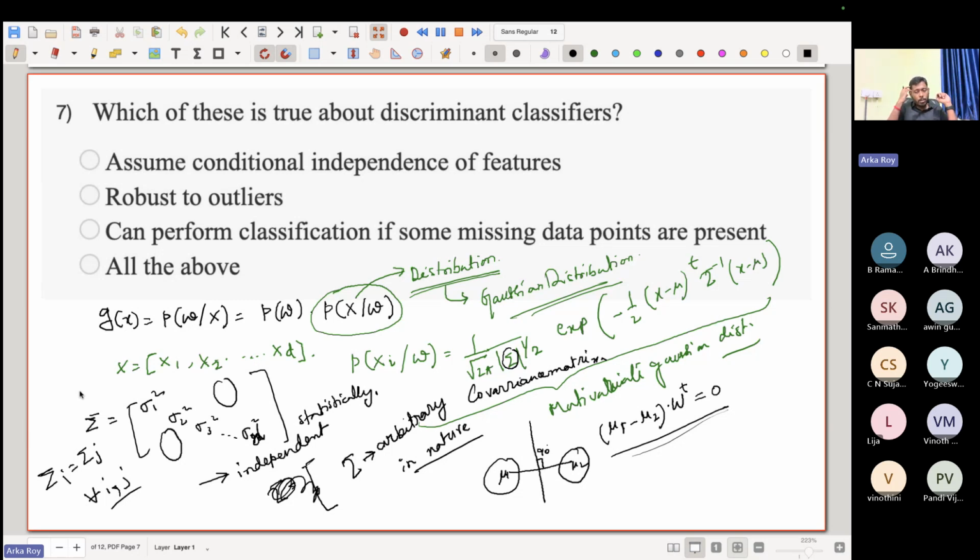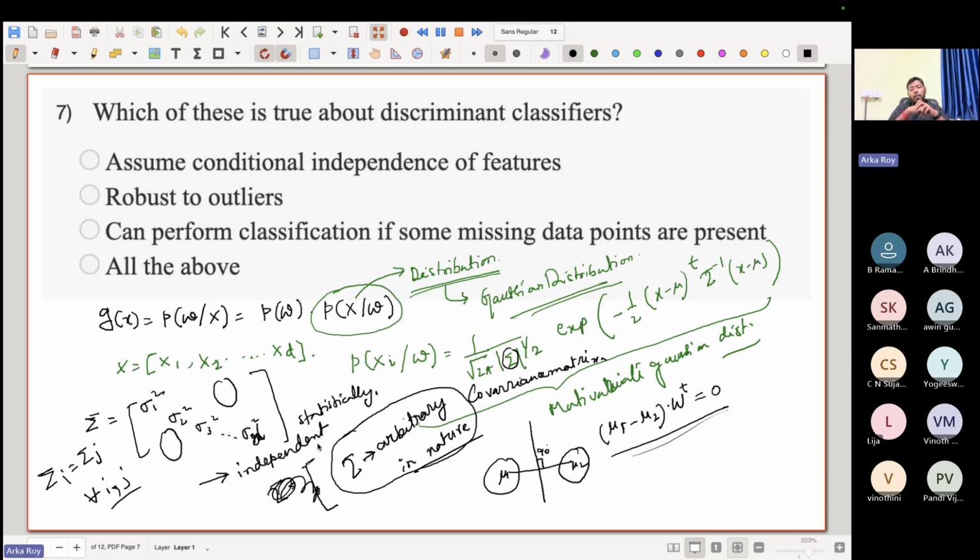The second one was the variances are different, off diagonal elements are still zero. The third case is all the covariance matrices are arbitrary in nature, but they are sort of same. So for all the cases, the more generalized case is basically this one. This is an arbitrary case.